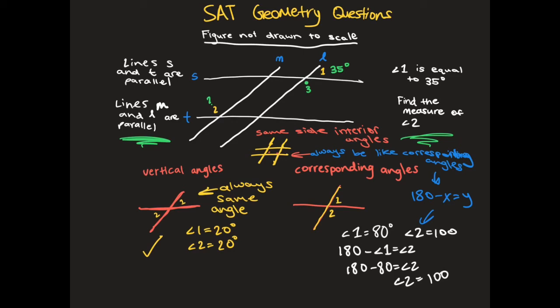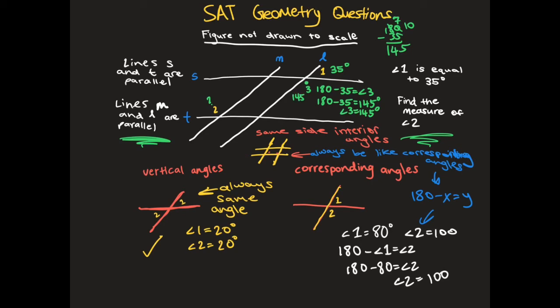So 180 minus angle 1, 35, equals angle 3. 180 minus 35 equals 145 degrees. Angle 3 equals 145 degrees.